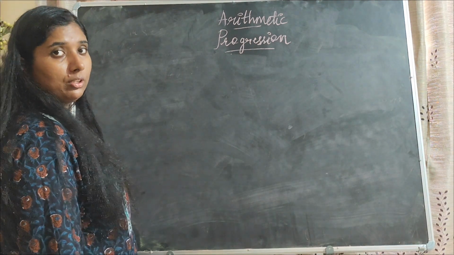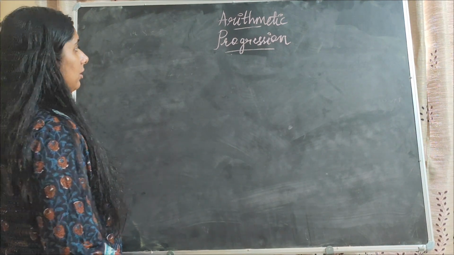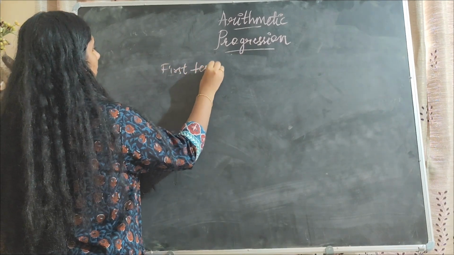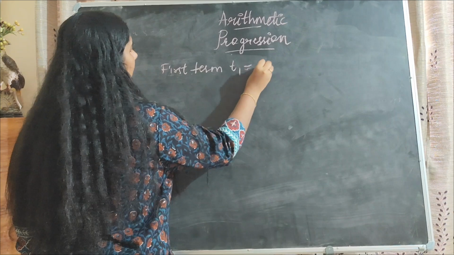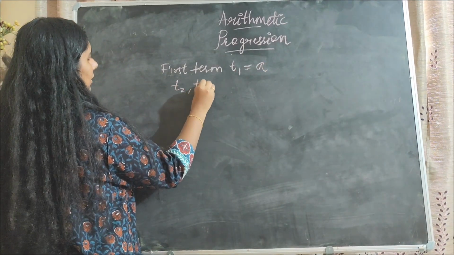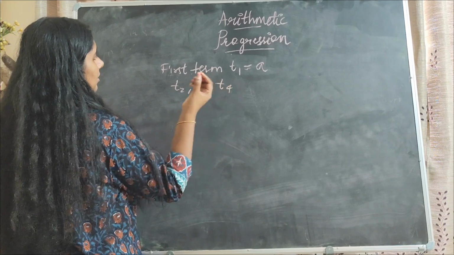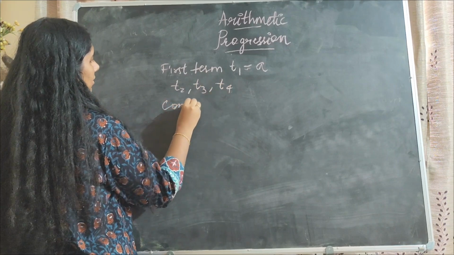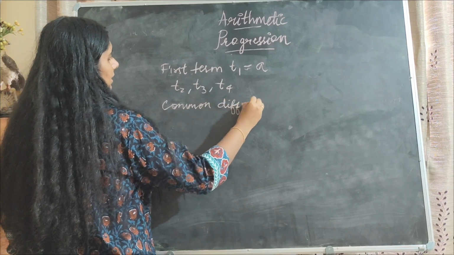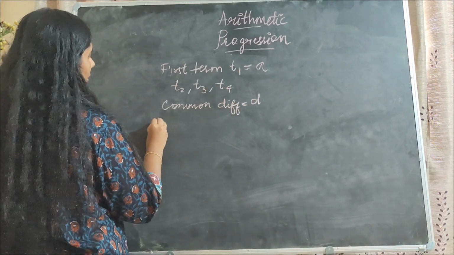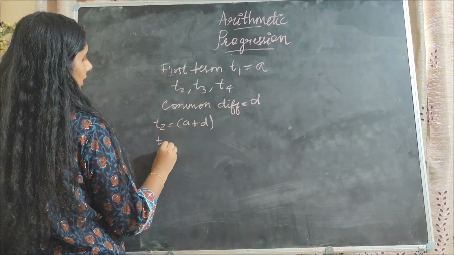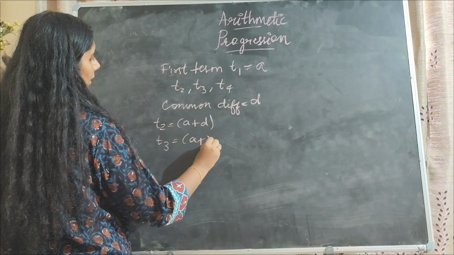So now in arithmetic progression, the first term T1 is denoted by A, and T2, T3, T4 follow, with a common difference which is D. So T2 is A plus D. T3 is A plus 2D.